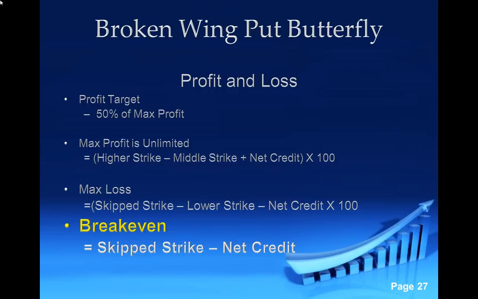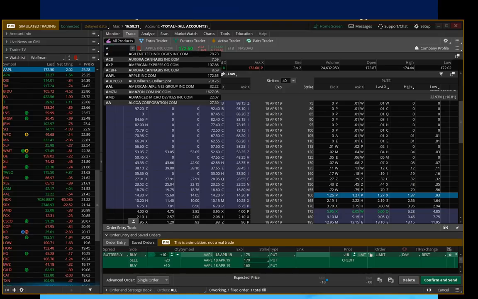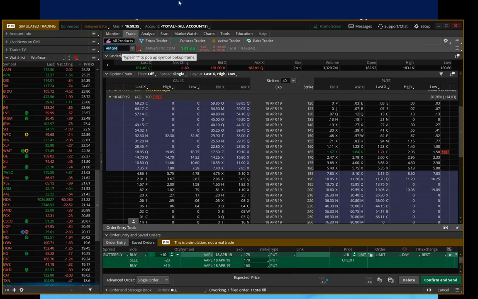All right. And the reason why, I'm going to pull this up for purposes of your viewing pleasure. Let's go back to this Analyze tab. I've got this all set up, right? Let's do it with Amgen, where it's a better example of correctness. So Amgen. I'm going to go with this example.